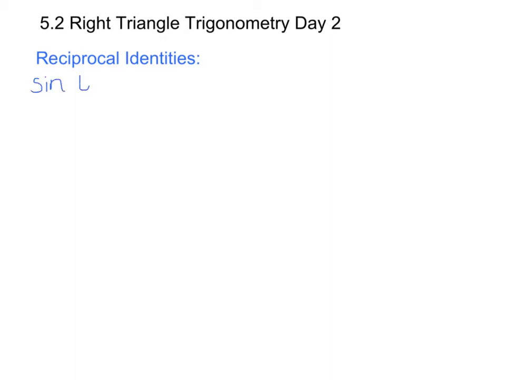of theta. We know from the previous section that the reciprocal of sine is cosecant, which means that sine is the same thing as 1 over cosecant, or cosecant of theta is the same as 1 over sine of theta.